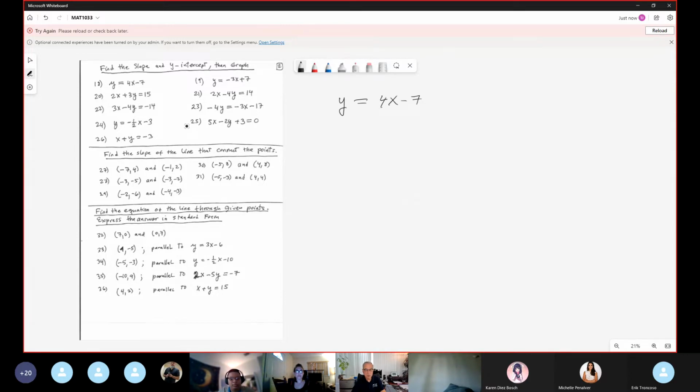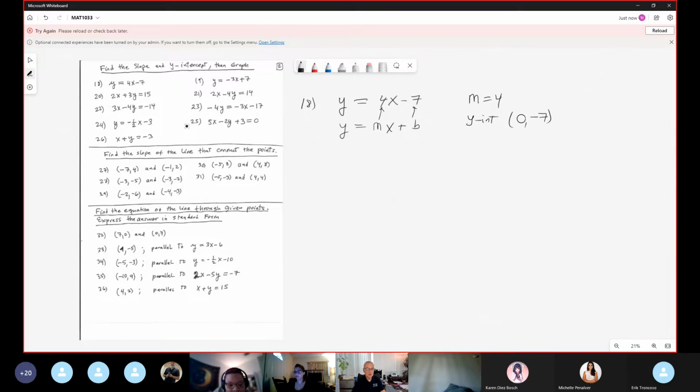So this is a super easy problem in which you recognize the slope is 4 and the y-intercept is -7. So the answer for problem 18 is slope is +4 and the y-intercept is the point (0, -7).